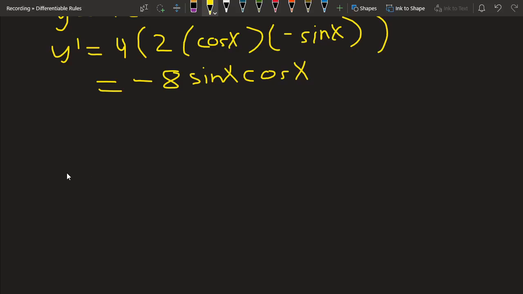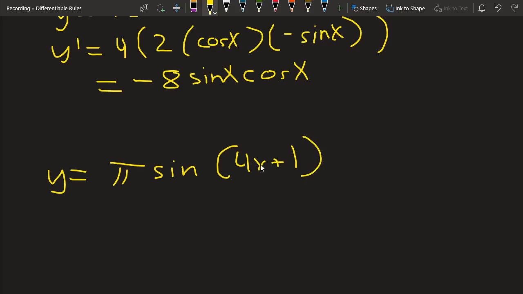So let's say we're given that y is equal to pi sine of 4x plus 1. So take a minute or two to solve this and unpause the video when you think you're ready.